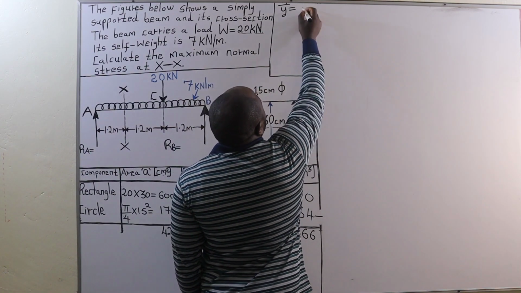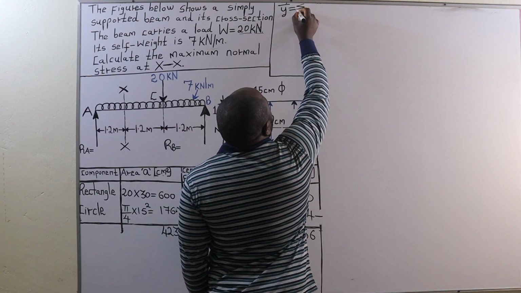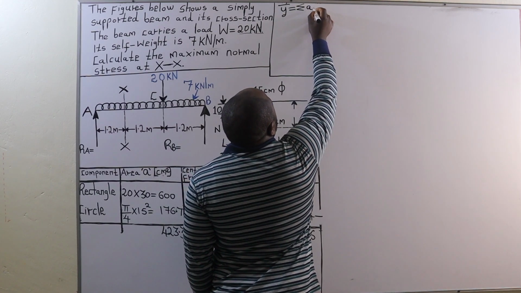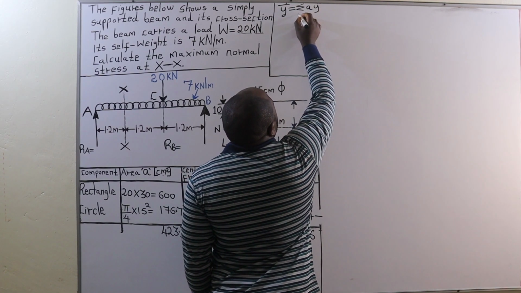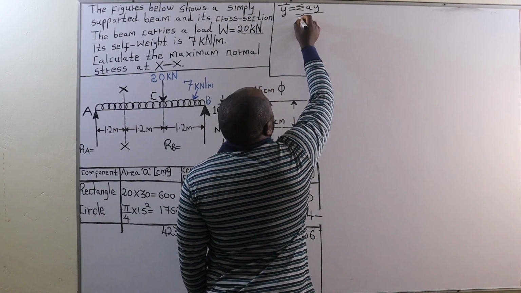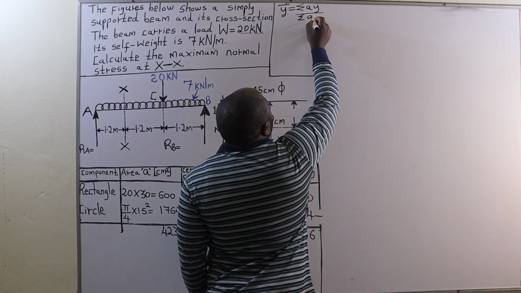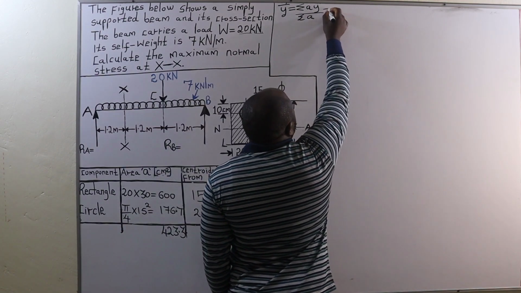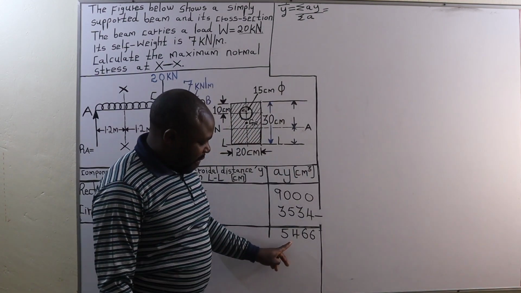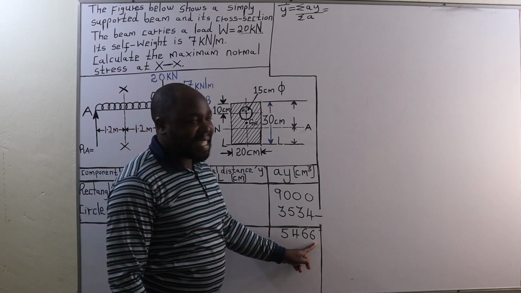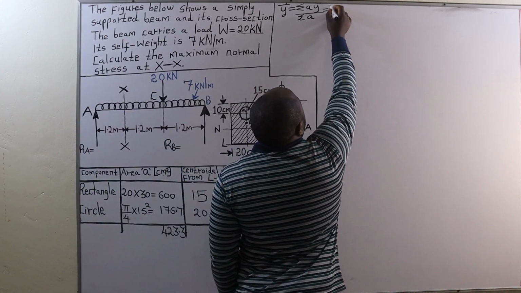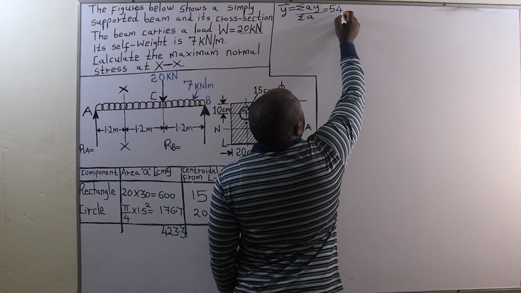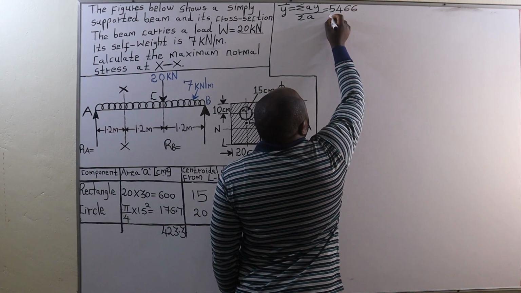Bar y is usually given by the summation of AY divided by the summation of A. Therefore, the summation of AY is 5,466.